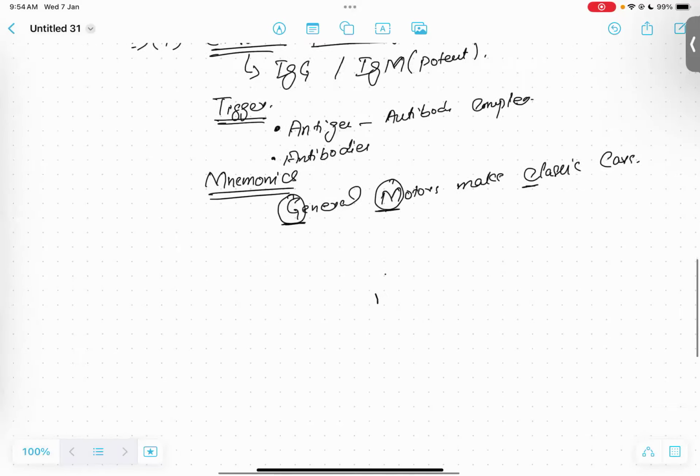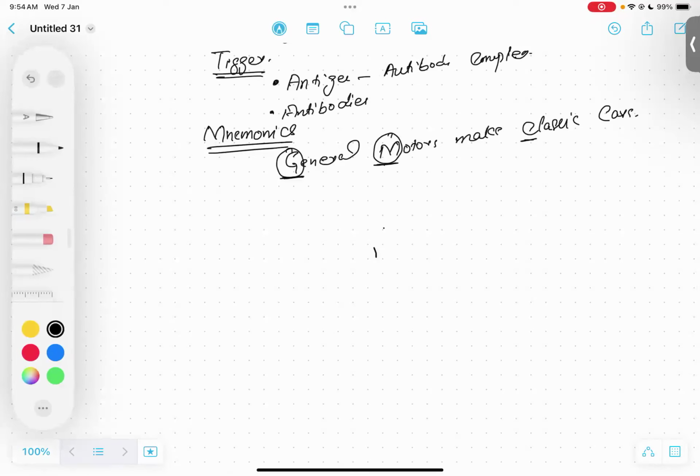The steps involved are that when antigen-antibody complexes are formed, they activate C1. C1 then activates C4 and C2, and as a result the end product will be C4b2a.